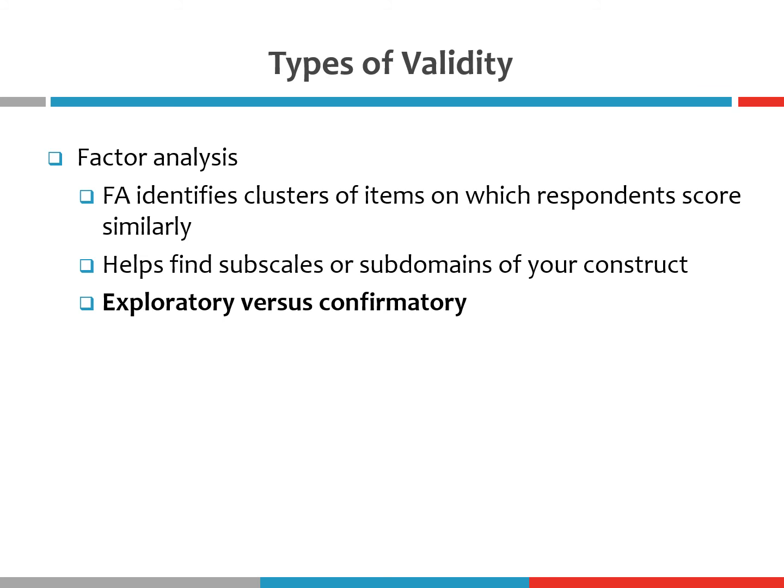Confirmatory factor analysis is where you do have specific expectations. Okay, so for example, if you were measuring depression, like we were just talking about, then you might expect to have specific factors that correspond to all of those components.